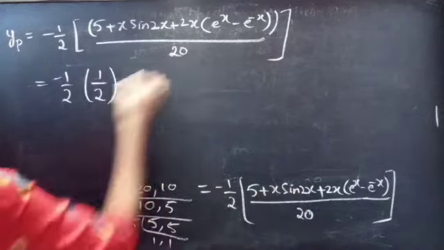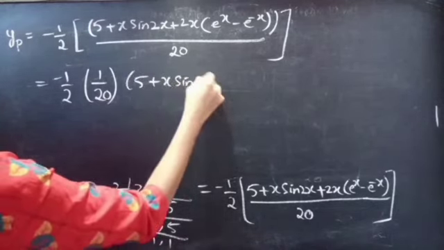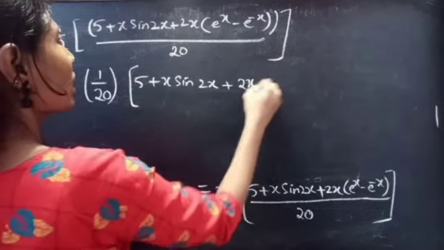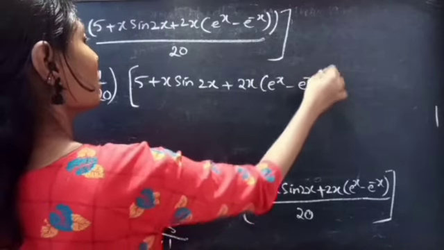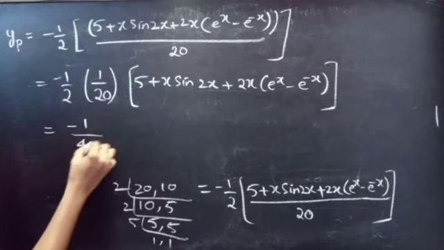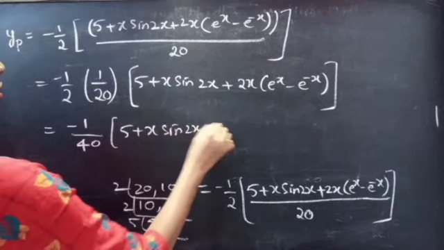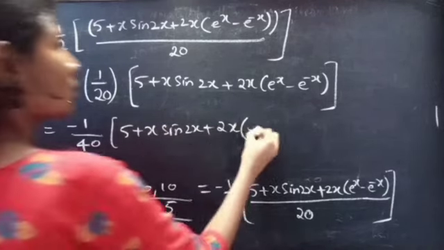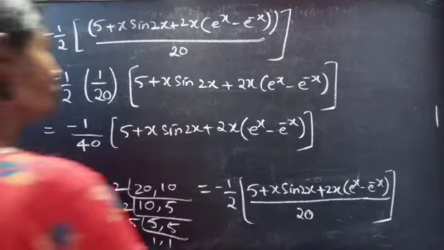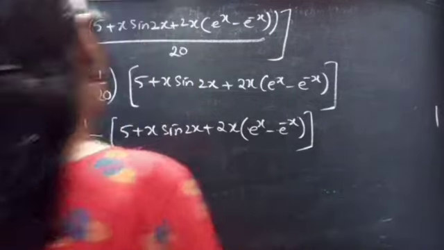We got 20 here, so you'll get 20 into 5 plus x sin 2x plus 2x into e power x minus e power minus x, is equal to minus 1 by 2 into 20 is 40, into 5 plus x sin 2x plus 2x into e power x minus e power minus x. Now we can write the general solution. So this is the required yp.